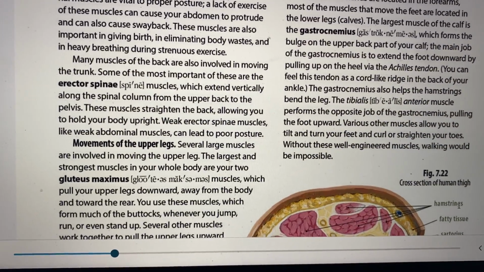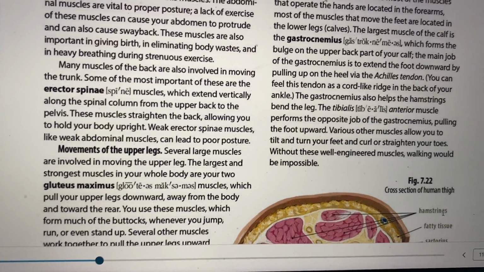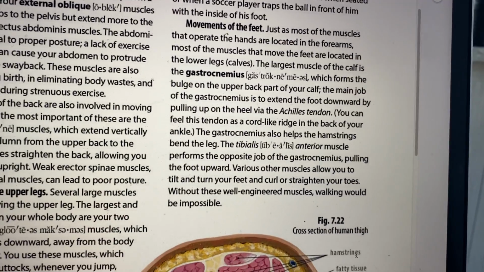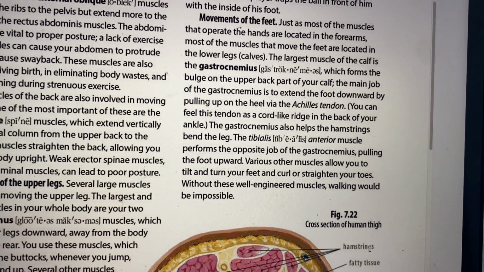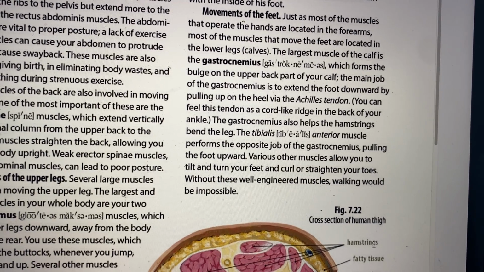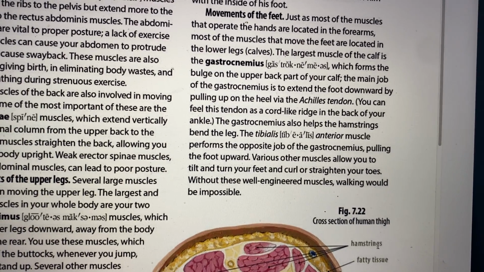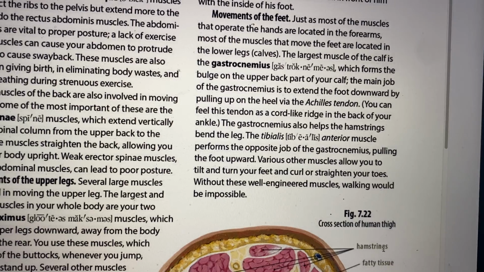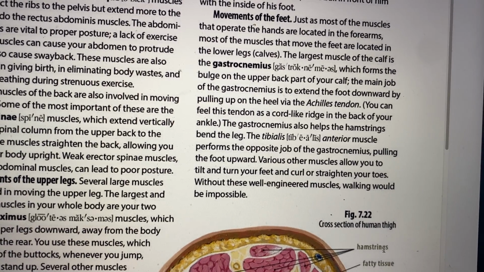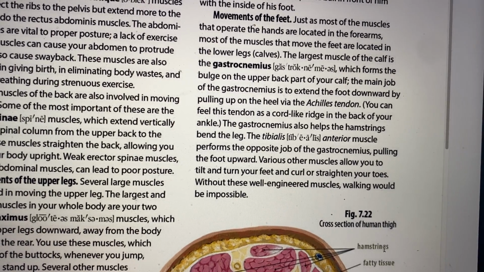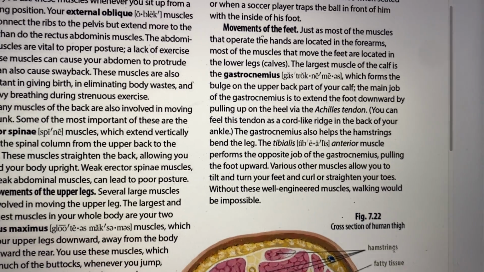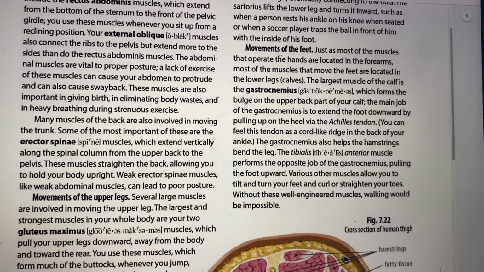So we talked about the Achilles tendon. We went over the article on your feet before, but how important it is, one of the wonders. How can your feet hold your body and balance your body? So important to look at the bones and the muscles of your feet. Another great wonder of our body.